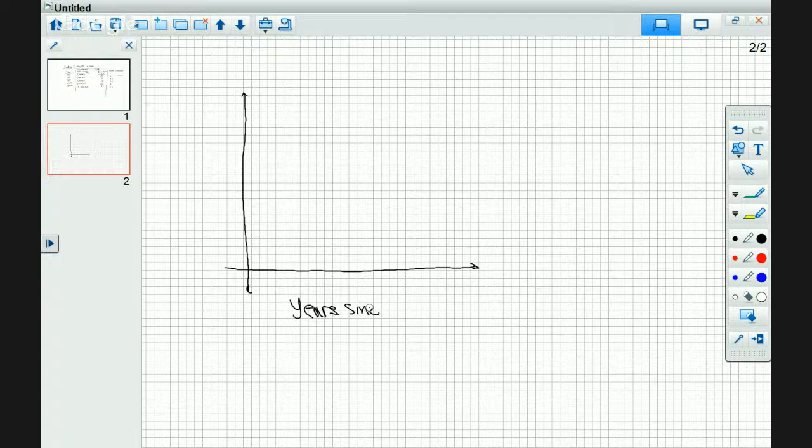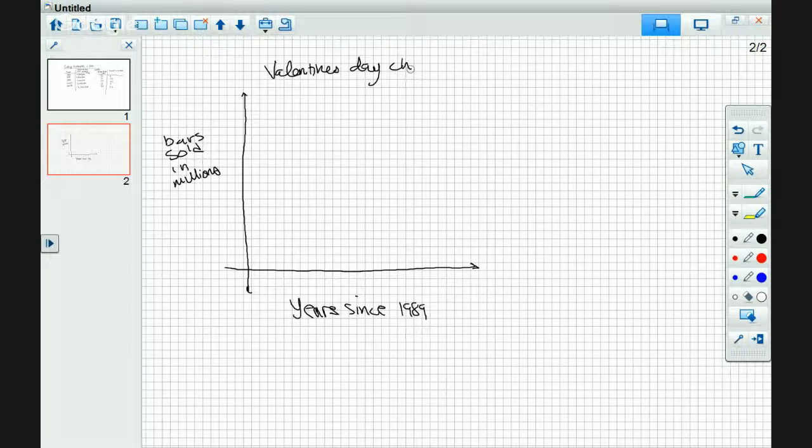Remember, we always put time on the x-axis unless we have some reason not to. Okay, title and labels, right?